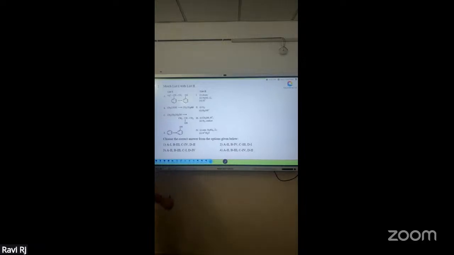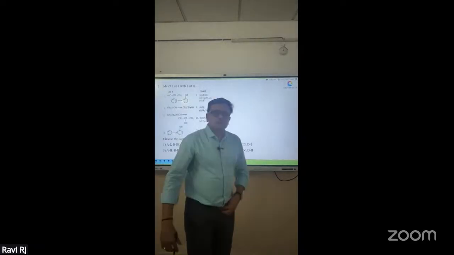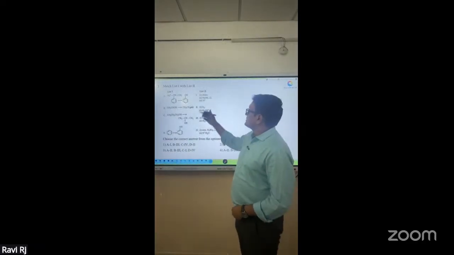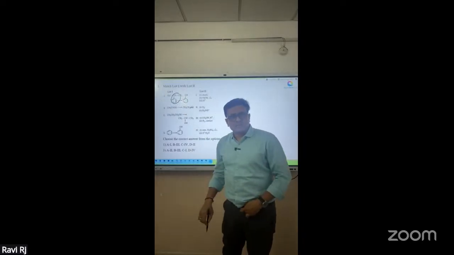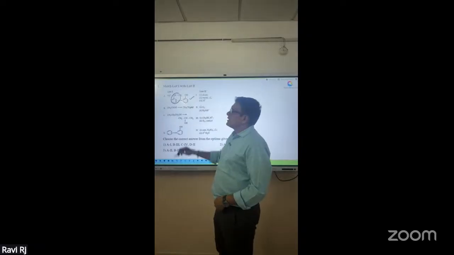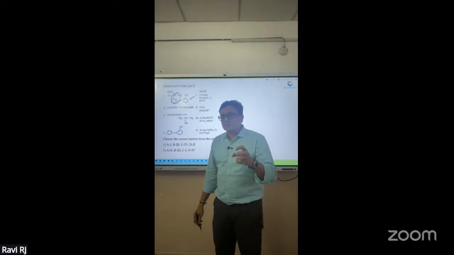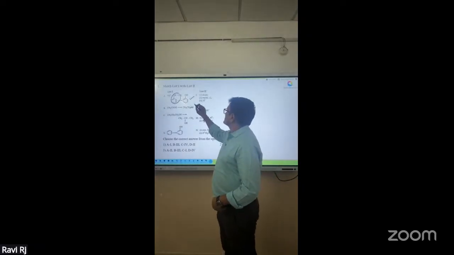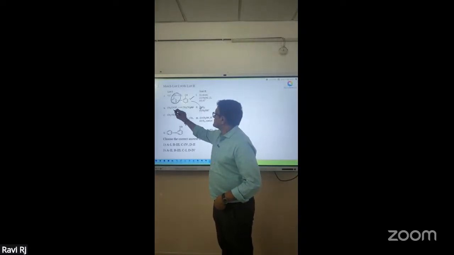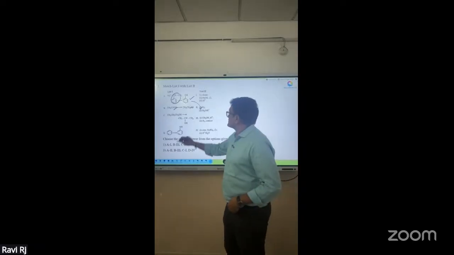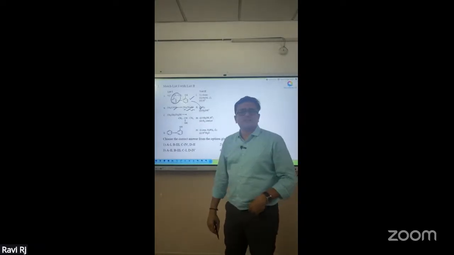Looking at the first question, it is from organic chemistry. The conversion of cumene, isopropyl benzene, into phenol is the cumene hydroperoxide method, achieved by taking oxygen as the reagent. The second one is acetic acid converting into ethanol.